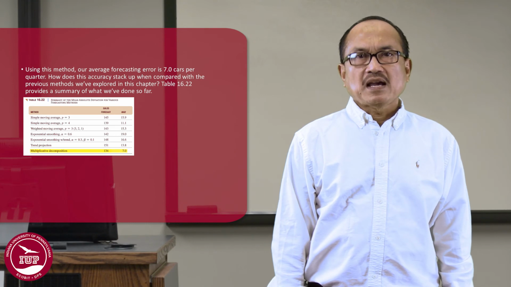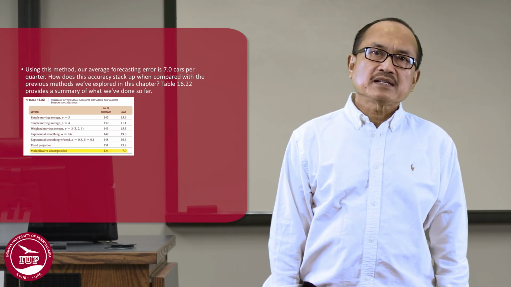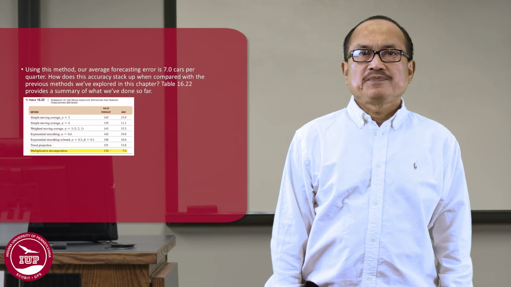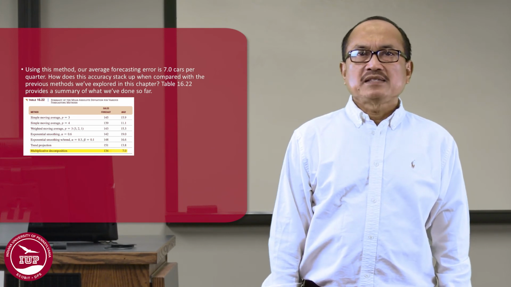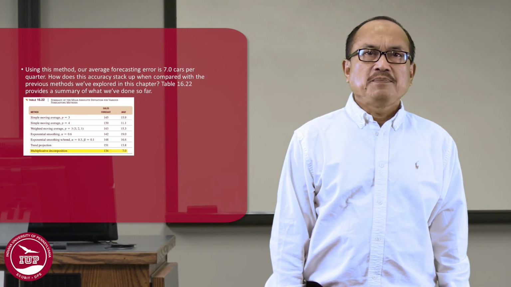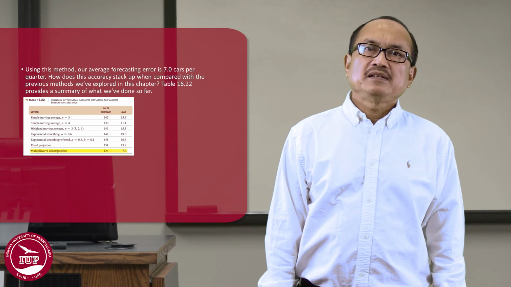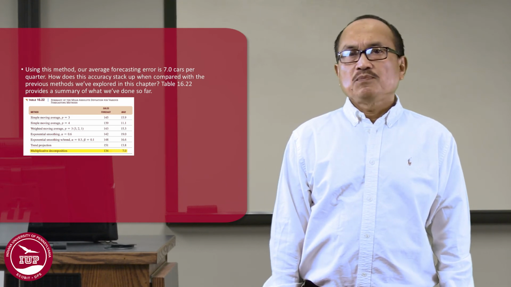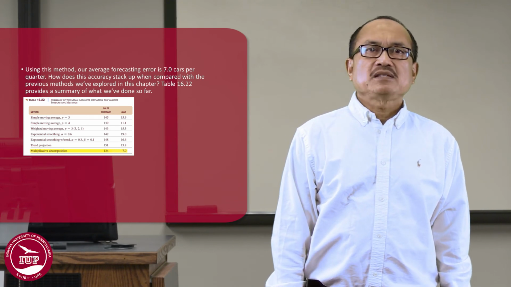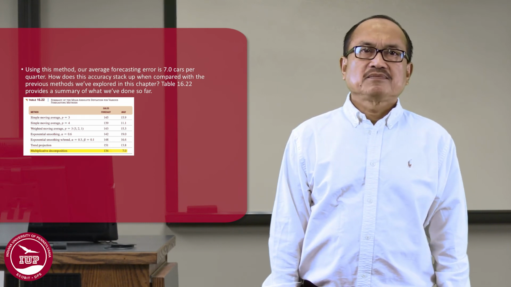Using this method, our average forecasting error is 7 cars per quarter. How does this accuracy stack up when compared with the previous methods we have explored in this chapter? Table 16.22 provides a summary of what we've done so far.